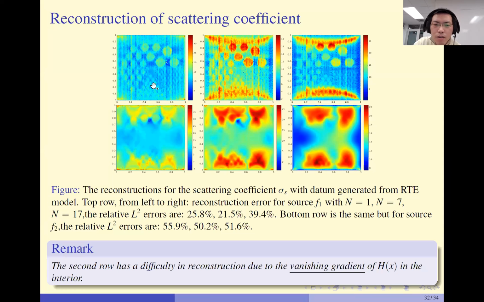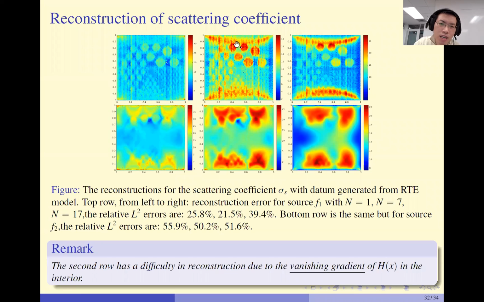Here, the first, second, and third columns are for n equals 1, n equals 7, and n equals 17. You can still see the small disks in the reconstruction of this coefficient, but you also have many strips, these artifacts, because we have disturbed all frequency information. That is something you should expect.